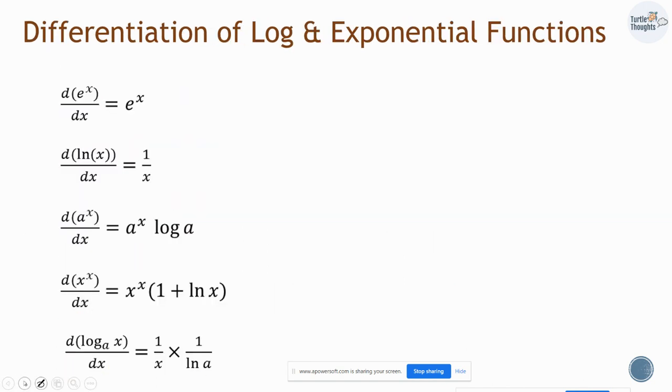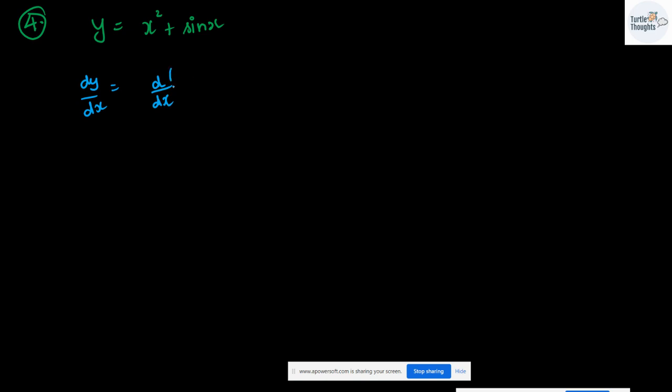Let me take one more example so that it will be clear for you. If I have the fourth one, y is equal to x squared plus sine x. Now, the differential of y with respect to x is going to be the differential of x squared first plus the differential of sine x.